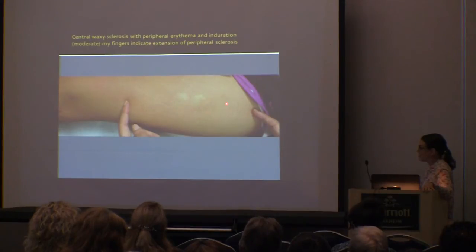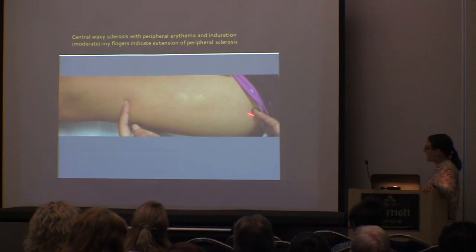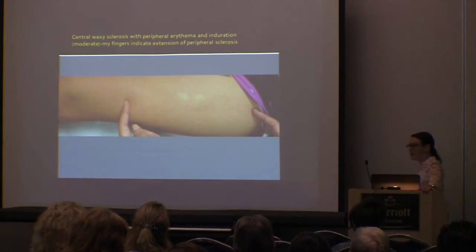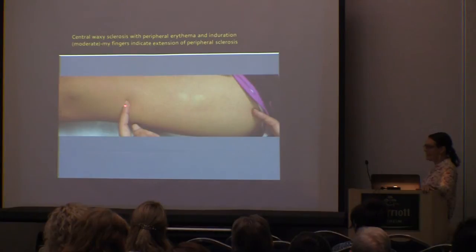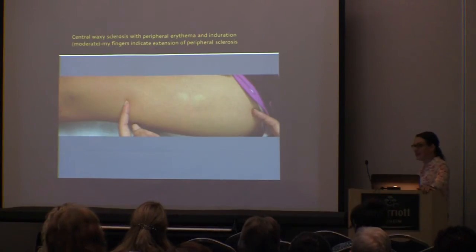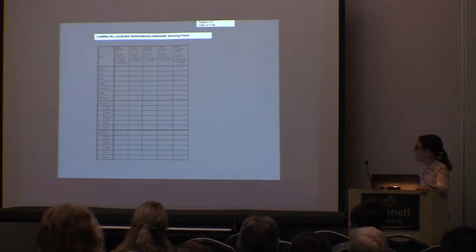We call this peau d'orange, skin of the orange change. But if you actually feel her leg, you can feel the thickening and induration are extending to where my fingers are. So it's very important that your doctors not only look, but actually palpate the skin and document the extent of this. And you can see I use photos a lot because this really helps me to know how people are doing over time.